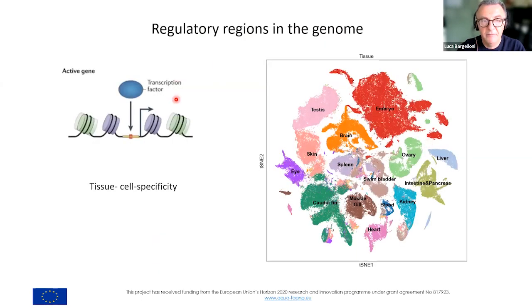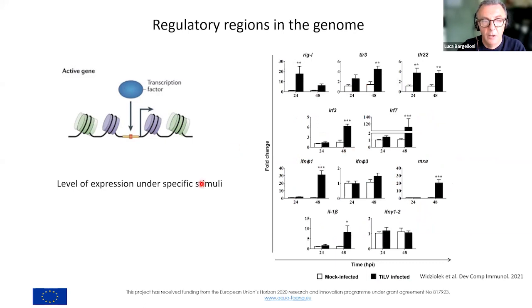These regulatory regions control where a certain gene is expressed, in which tissue or specific cells. This is very important because, as I said, most traits are now thought to be controlled by the expression of specific sets of genes. They also control whether a certain gene responds to specific stimuli.